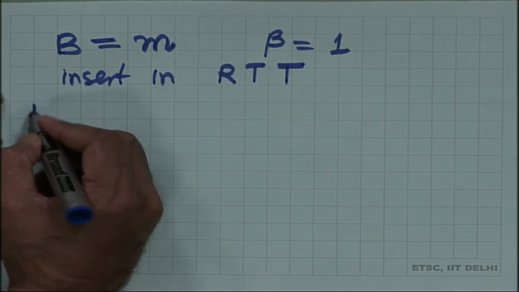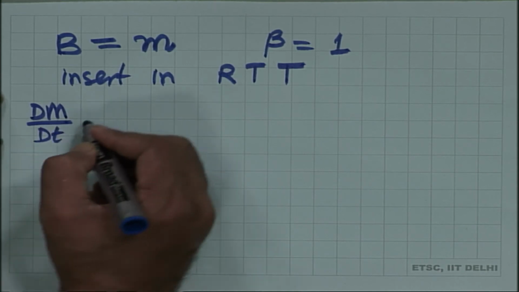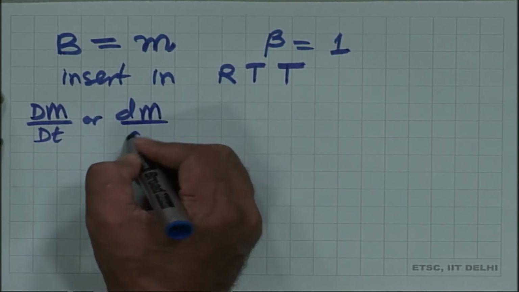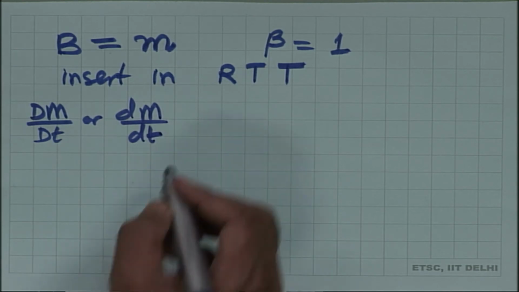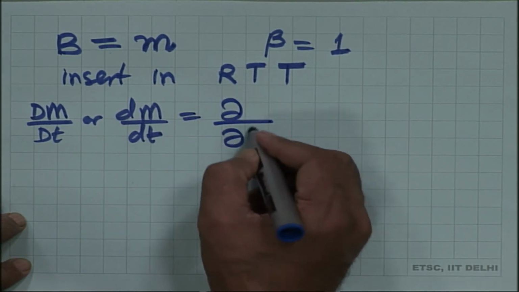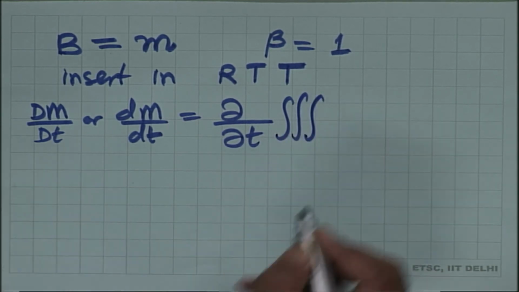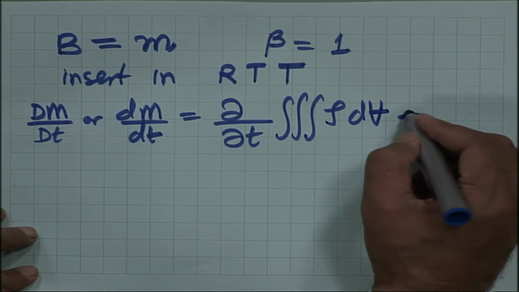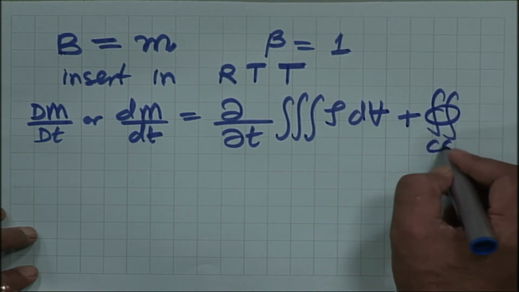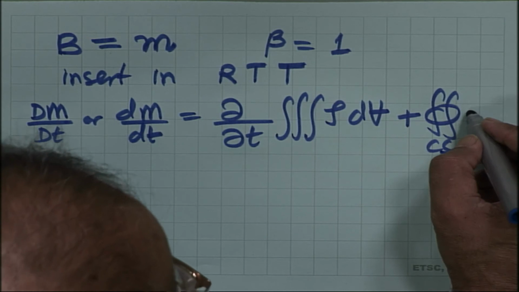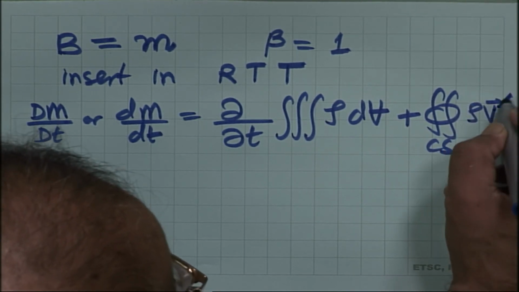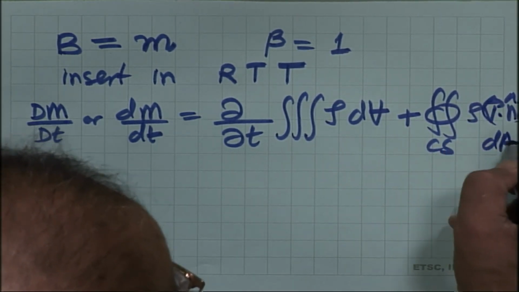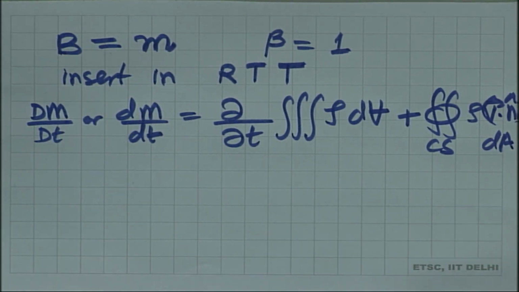So, I get dm by dt, depending on whichever book you are following, is equal to partial by partial t of integral beta rho dV. Beta is 1. So, I get rho dV plus integral over the control surface, beta is again 1, rho times v dot n dA. So, this is the mass balance equation. This is Reynolds transport theorem applied to mass.